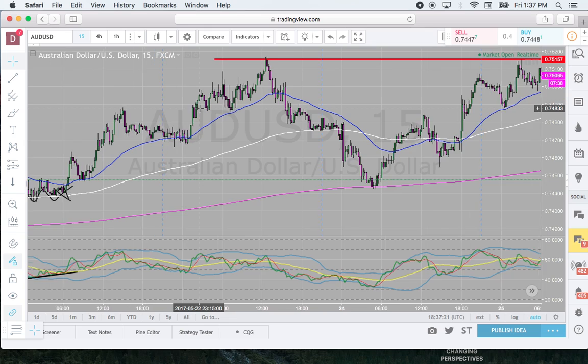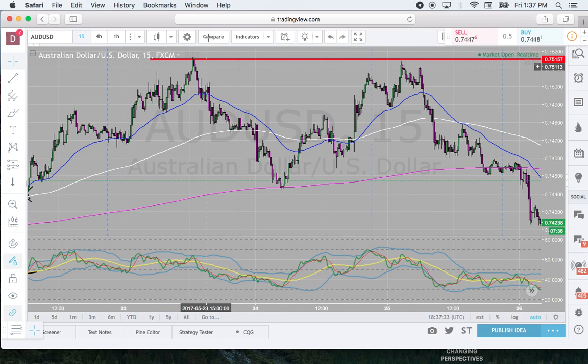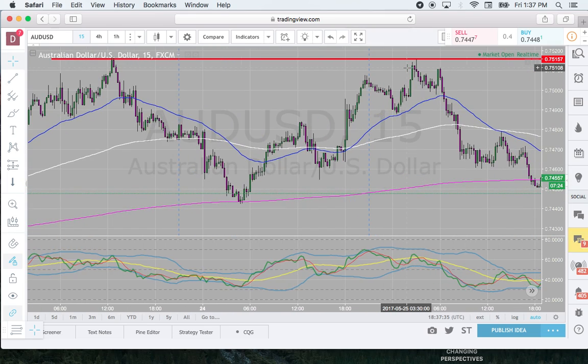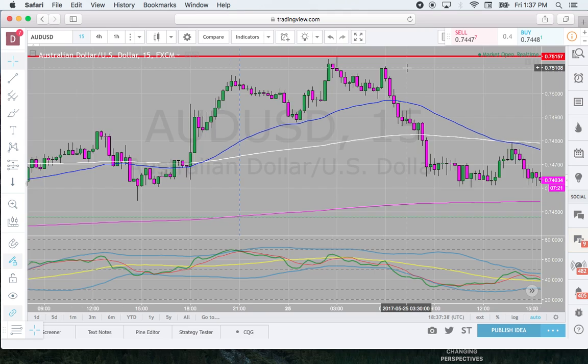We can see price hit a high right here. It made the high of the week, and then it came off of that, and then we can see right here, this is where we would have bought.